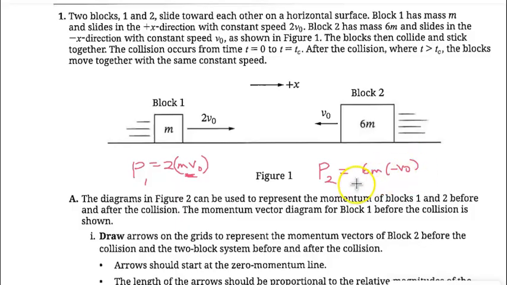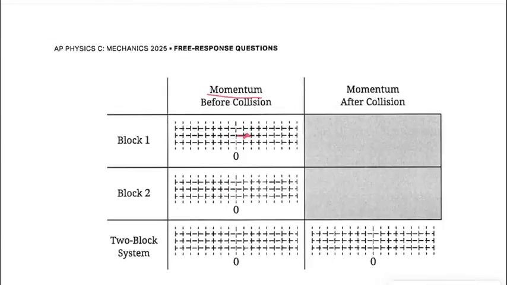So we want a vector pointing to the left that is 3 times bigger than that. So you're going to start at 0 and you're going to go back 6. I don't know if that is 6 or not. So that's the initial momentum before the collision.